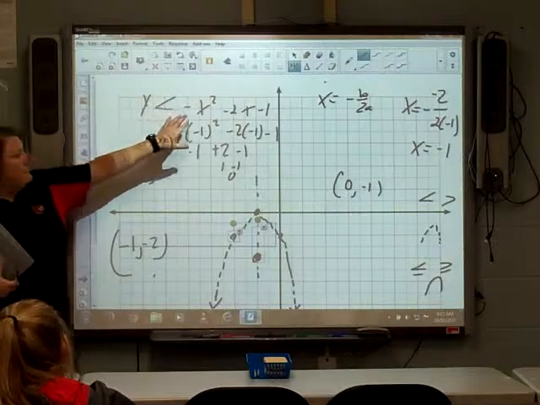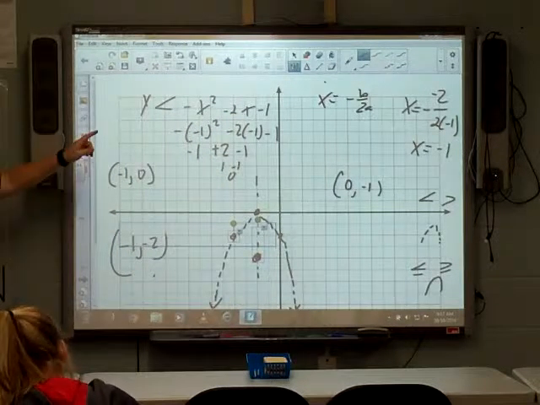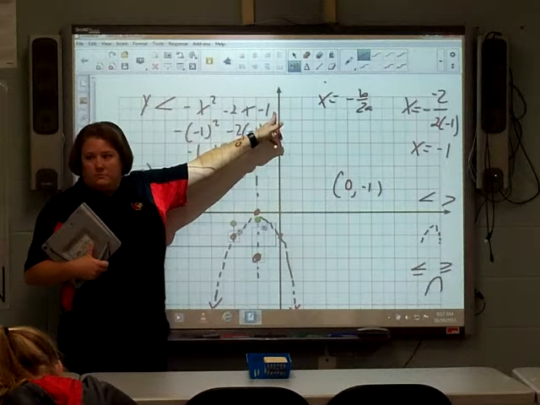I'm going to plug that in for my x's and y's and see if it's part of the solution. It'll be part of the solution if it makes this inequality true.